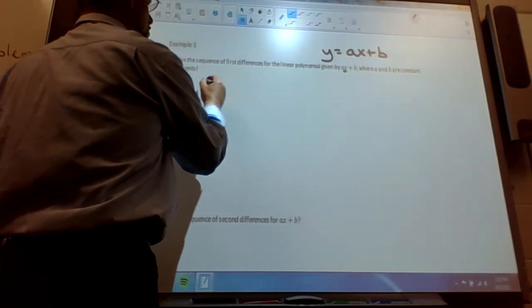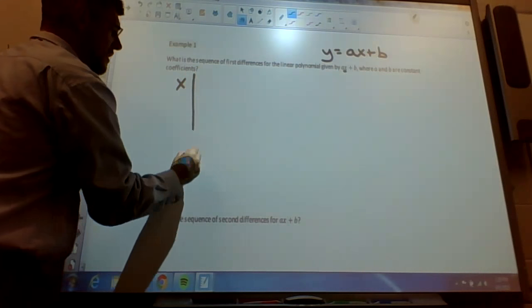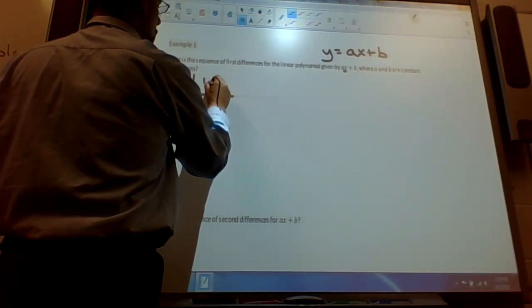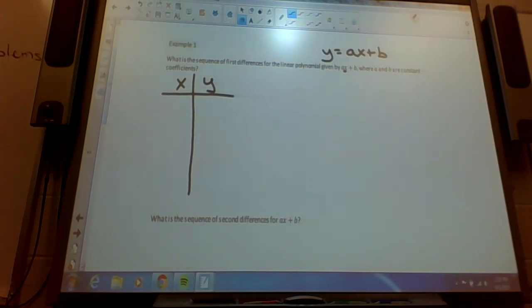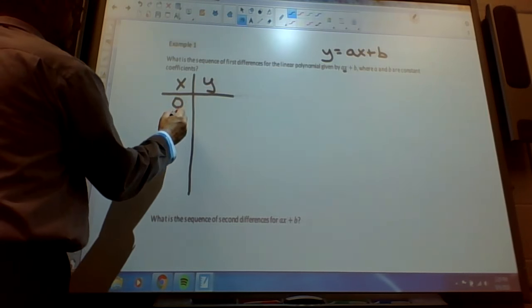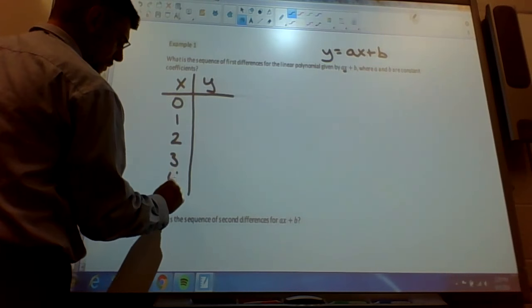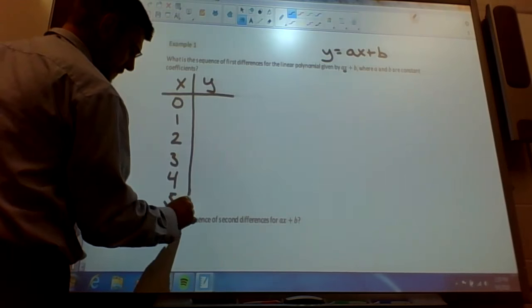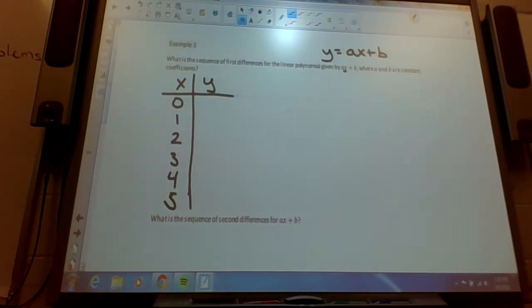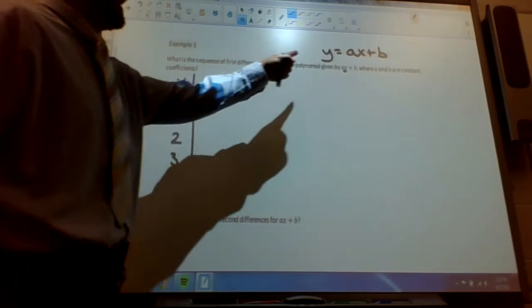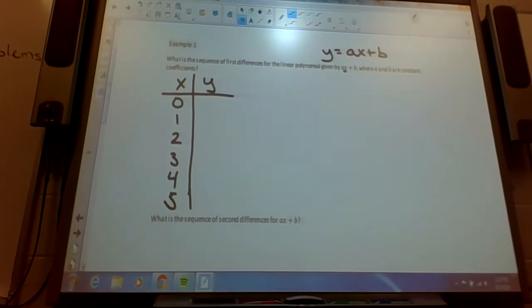And I'm going to chart x compared to y. Let's start with 0, and go 1, 2, 3, 4, and 5. Okay? Now, when I plug 0 in for x, what is my y?